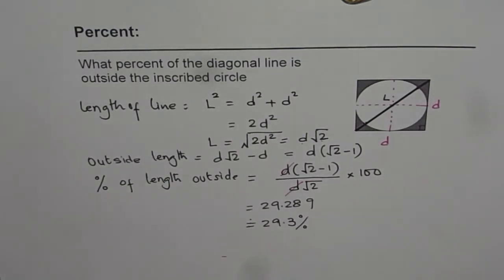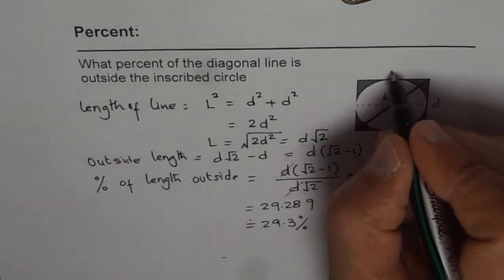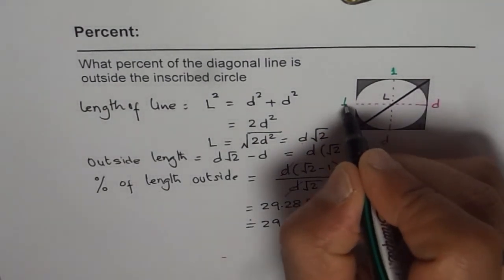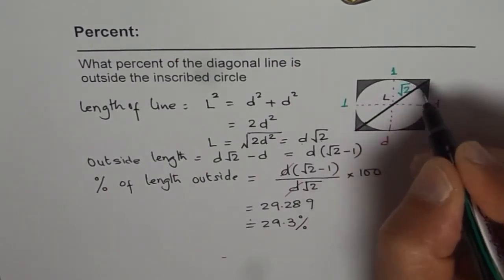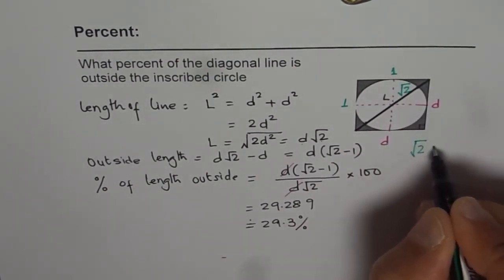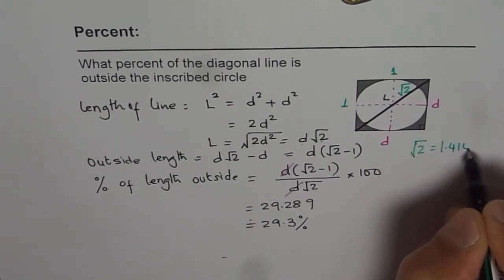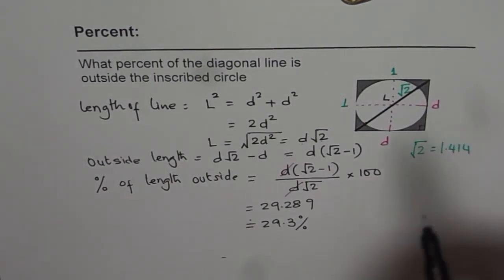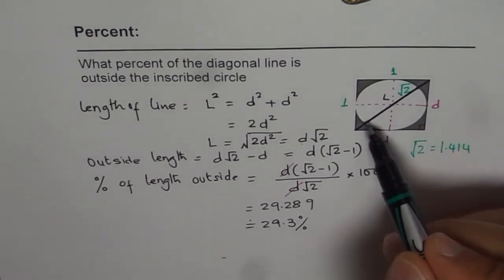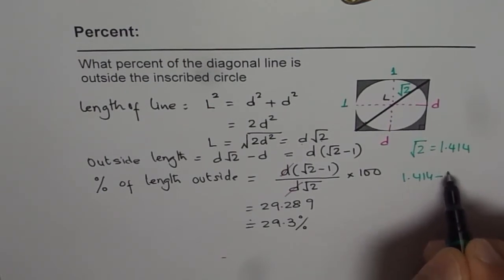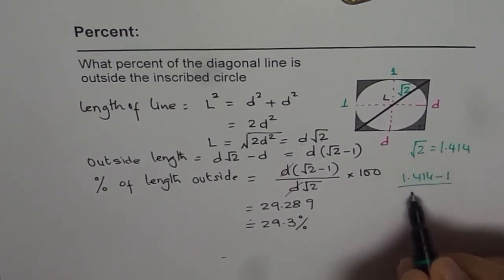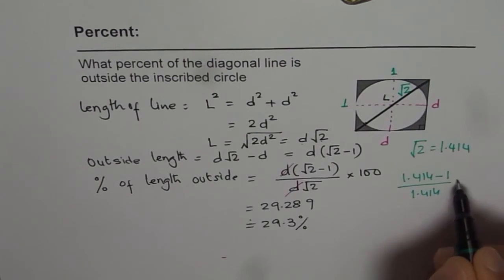Now, my suggestion is, if a question is like this, it is better to assume the length as 1 unit. If I use 1 unit as the length, then my diagonal as a whole will be square root of 2, which is 1.414. So the diameter is 1 unit and the outside length will be 1.414 minus 1, divided by the total length, which is 1.414, times 100.